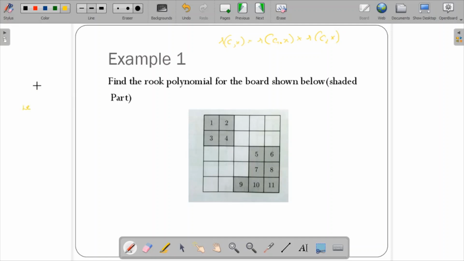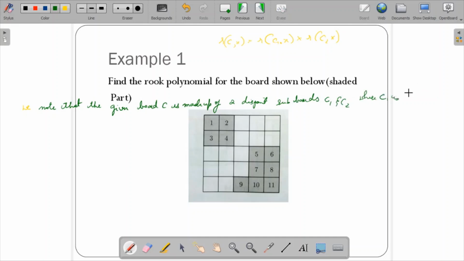We note that the given board C is made up of two disjoint subboards, C1 and C2, where C1 is 2 cross 2, this board, numbered 1 2 3 4.